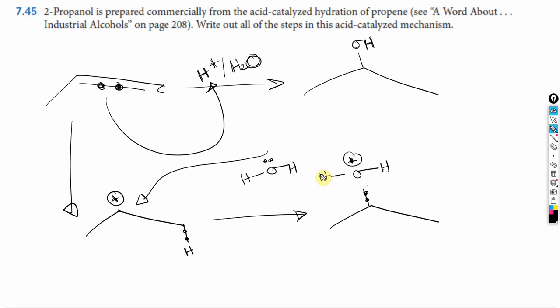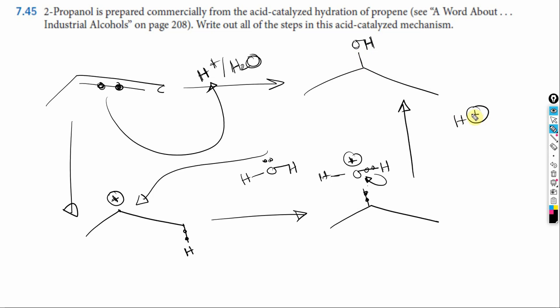And again, if oxygen needs to take care of its positive charge, it is going to steal electrons from this hydrogen here, and that ends up breaking the oxygen-hydrogen bond, where the hydrogen is going to be kicked out as H plus, and you have your alcohol here.